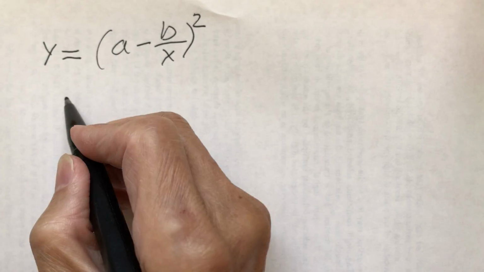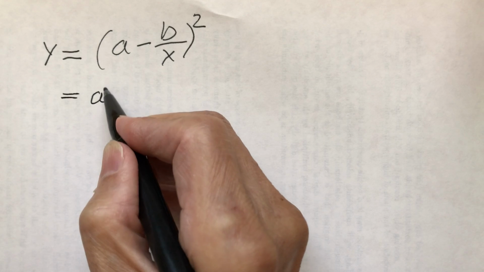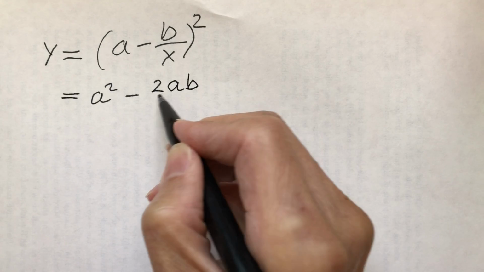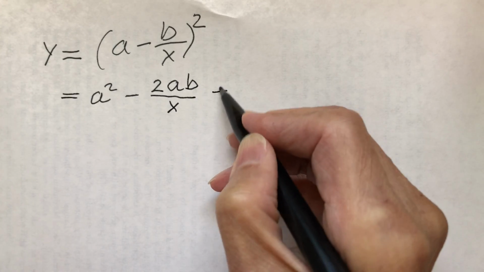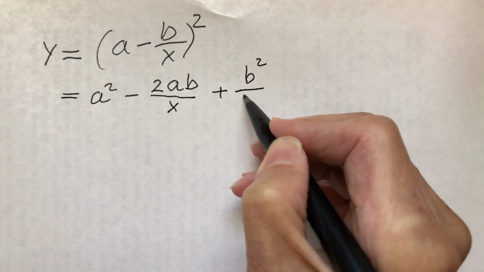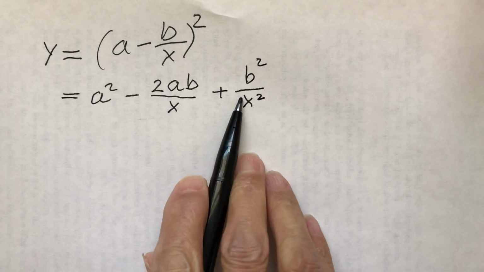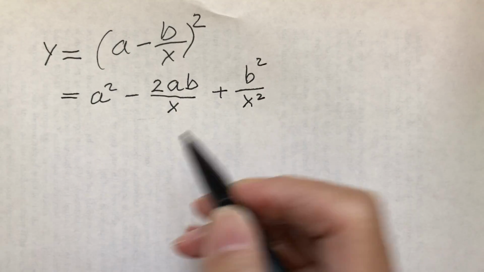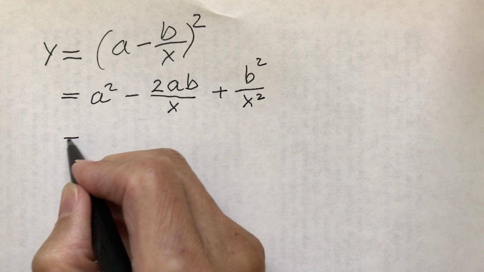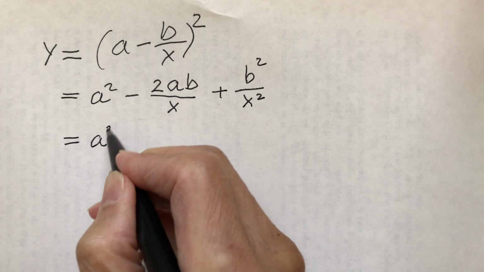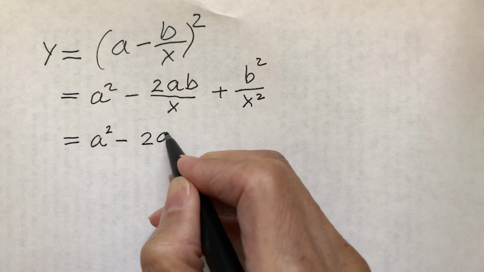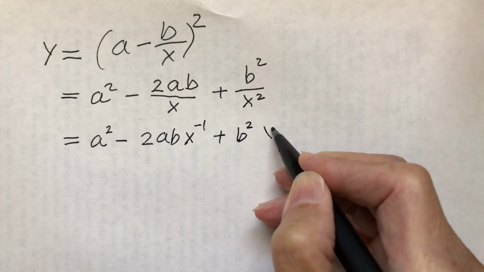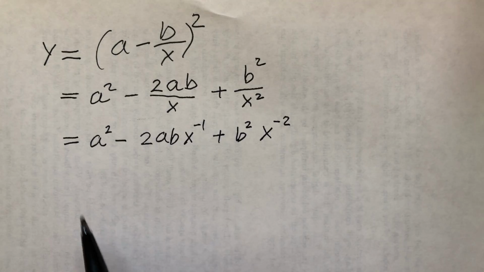You need to expand that. So let's expand it. So I have a squared minus 2ab plus b squared. So this is the result of expanding this square. Okay. Now, once I have this, I need to write it in terms of exponents. So this is 2ab x to the power negative 1, plus b squared x to the power negative 2. Now I'm ready to find the derivative.